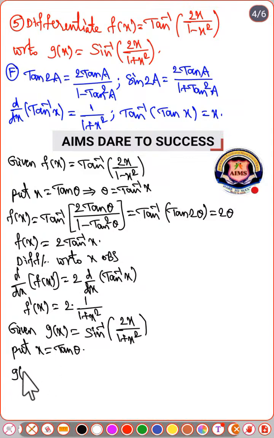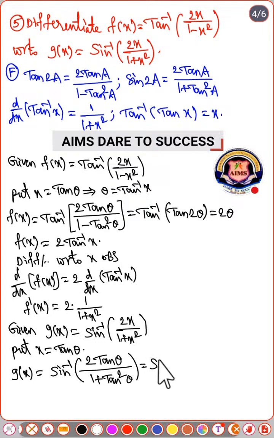We get g of x equal to sin inverse of 2 into x, which is tan theta, whole divided by 1 plus x square, which is tan square theta. This is equal to sin inverse of 2 tan theta by 1 plus tan square theta, which is sin 2 theta.